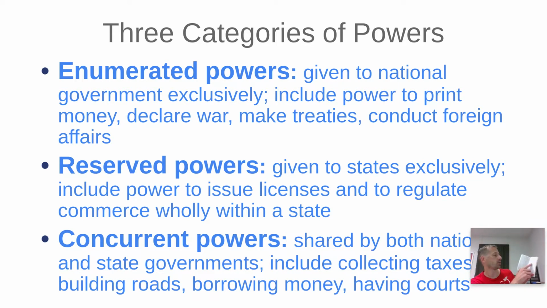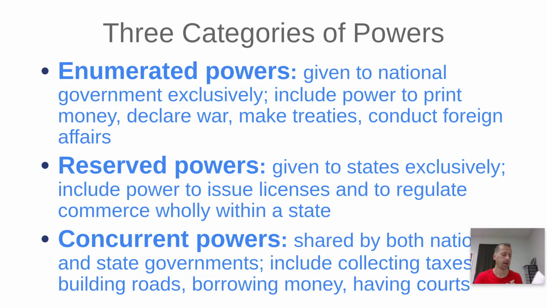The Congress shall have the power to lay and collect taxes, to borrow money, to establish uniform rules of naturalization, so how to become a citizen, to coin money, punish counterfeiters, to establish post offices, to constitute tribunals inferior to the Supreme Court, so to have more courts than just the Supreme Court, to declare war, and we keep going, to provide and maintain a navy, and then that catch-all number 18, to make all laws which shall be necessary and proper for carrying into execution the foregoing powers. Article 1, Section 8, number 18. Pause it, read it, and then come back to me.